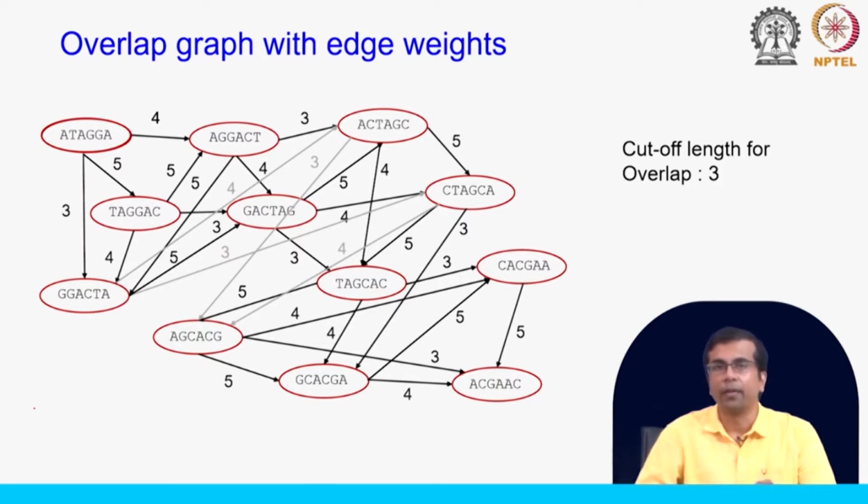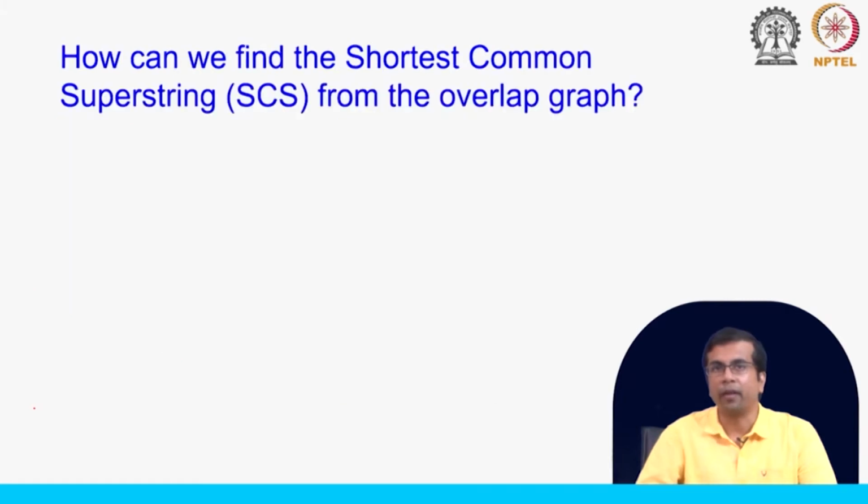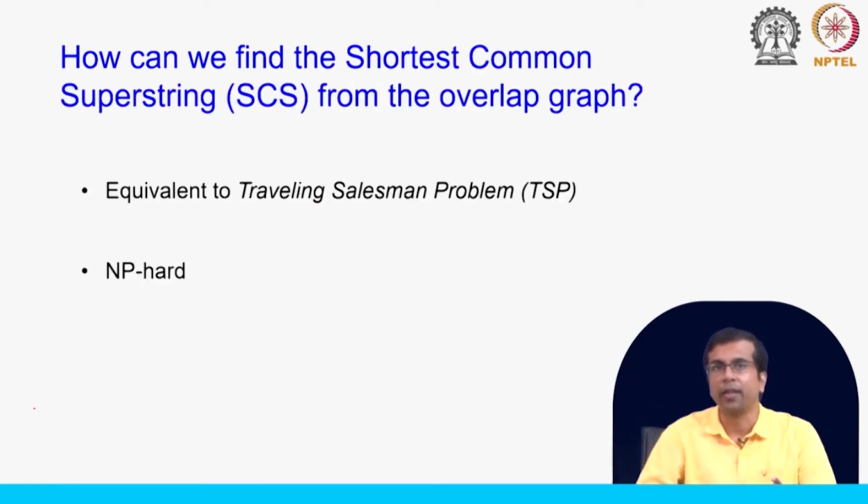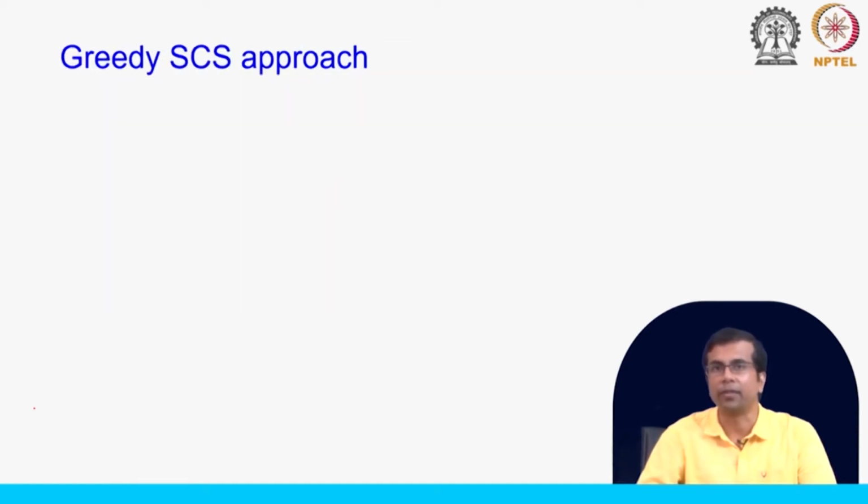Once we have this weighted graph, we can convert it into a cost graph by changing the sign of the edge weights, which is equivalent to the travelling salesman problem, and it is NP hard. Now, how are we going to determine the SCS from the overlap graph? The SCS is likely to give us the reference sequence.